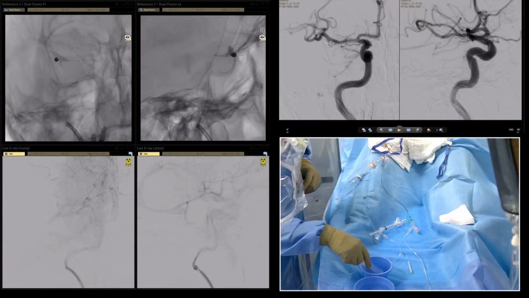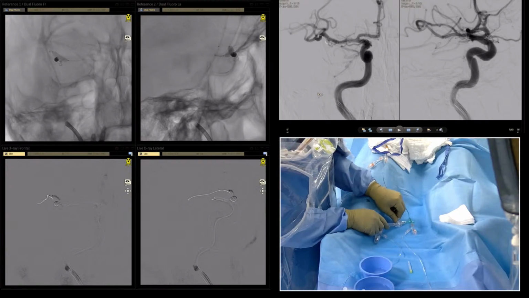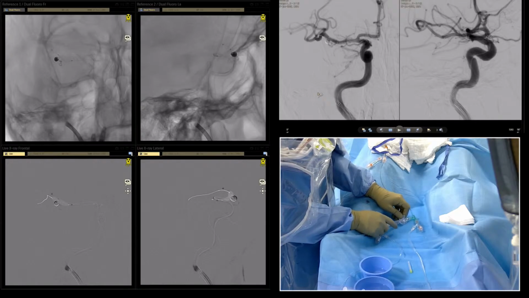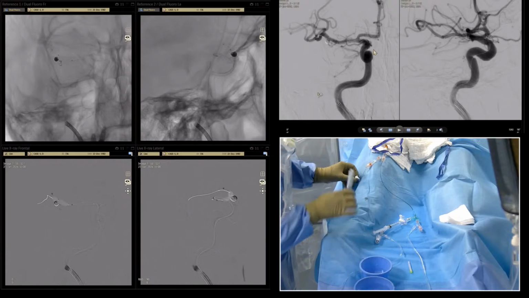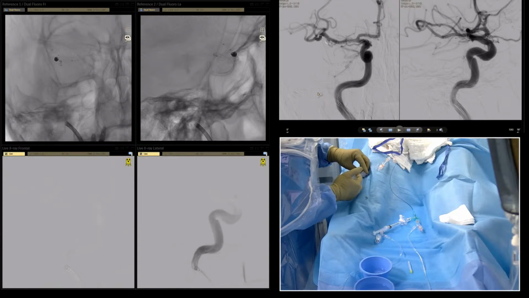Yes, because we also touched the first branch just before. Okay, the small piece is pulsating. Maybe we need a stenting. Huh?